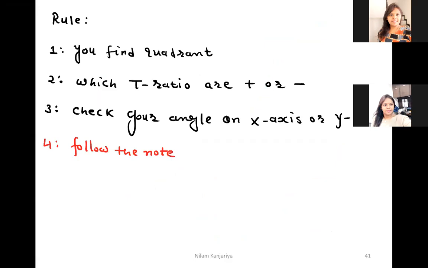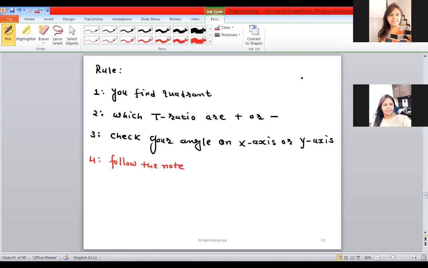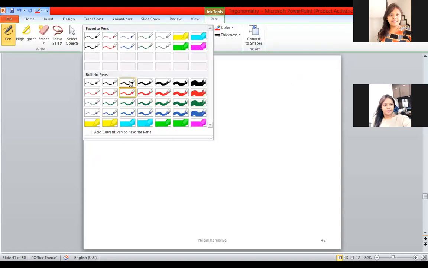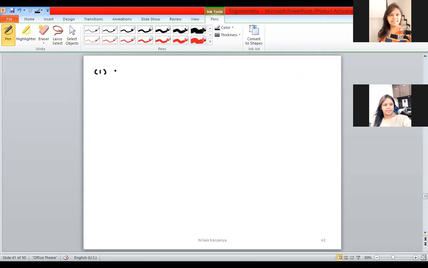So the students remember only the first step. Okay, remember it. So let me discuss these examples. My first question to all of you. Evaluate sine 225 degrees.